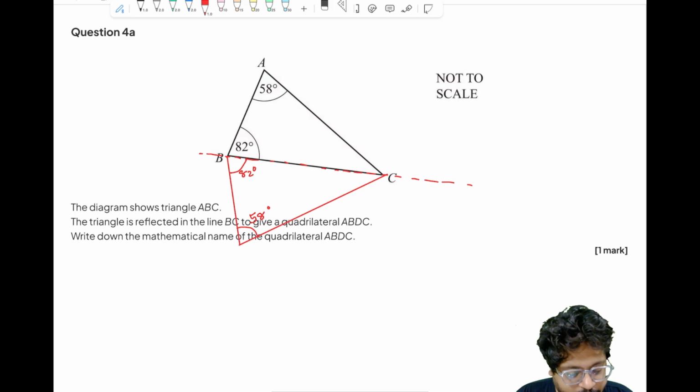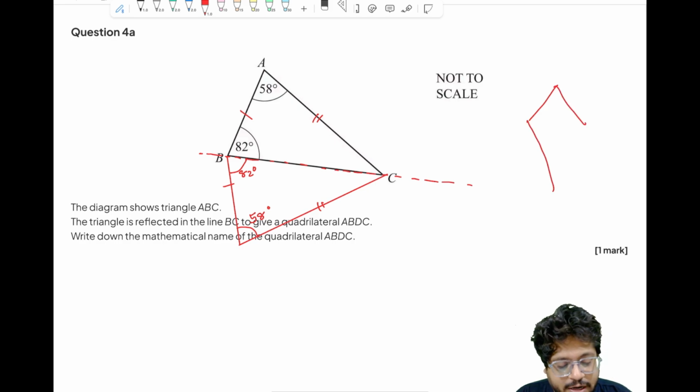Clear? And what will be the mathematical name of this quadrilateral? Now if you see this, these two sides are equal to each other, and these two sides are equal to each other. It's a kite, because though we write the shape of a kite like this, it's not always the same shape. The quadrilateral is defined by its properties, not by its shape.